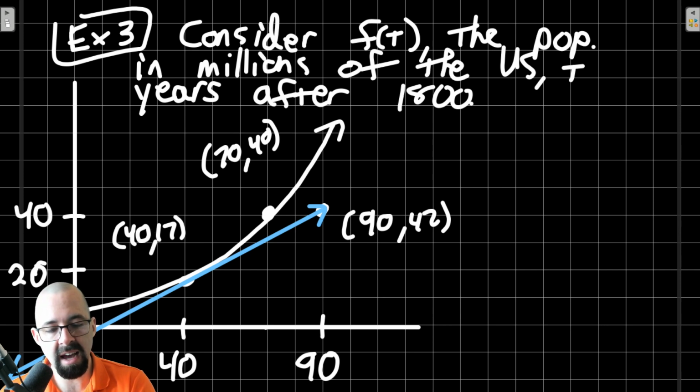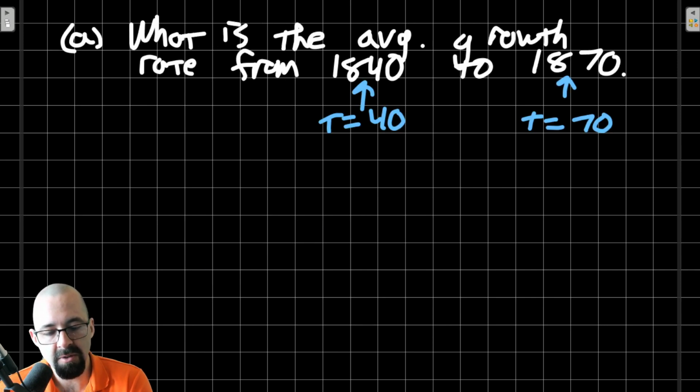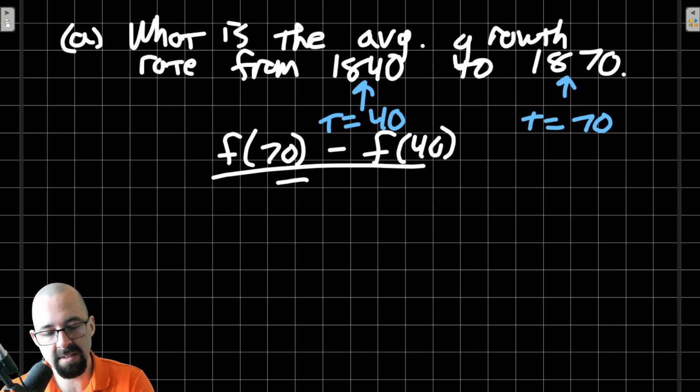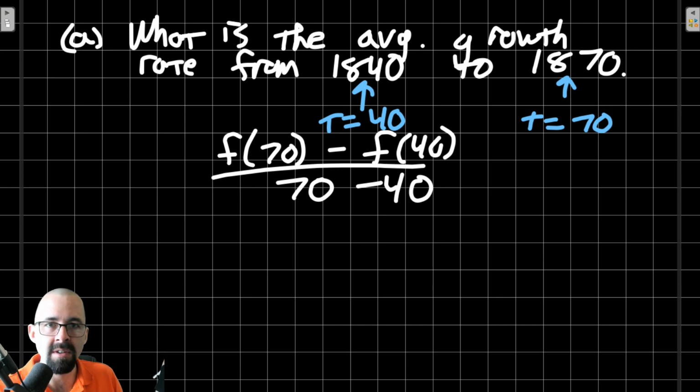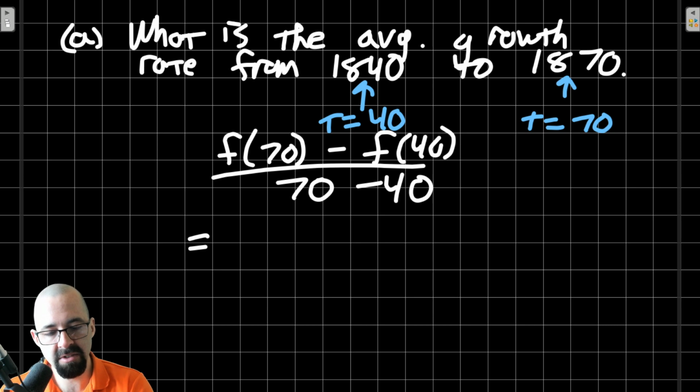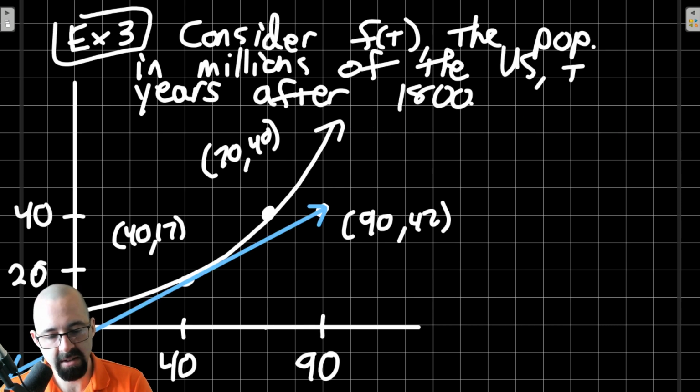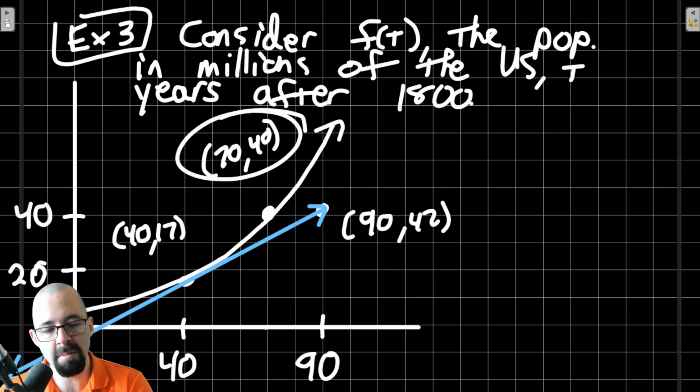So we're just going to find the average rate of change using our average rate of change formula, right? Which says it's going to be f of the second minus f of the first, divided by the second minus the first. What's the change in population? What's the change in years? And divide them out. All right. So what is the function value at 70? That's the first blank. Function value at 70 is 40 million people.